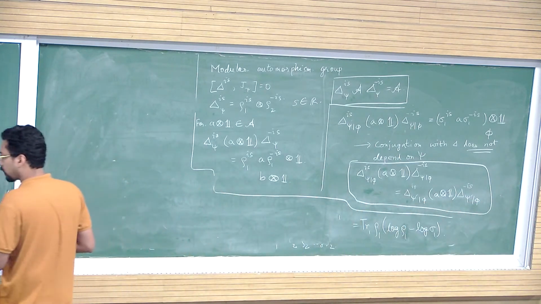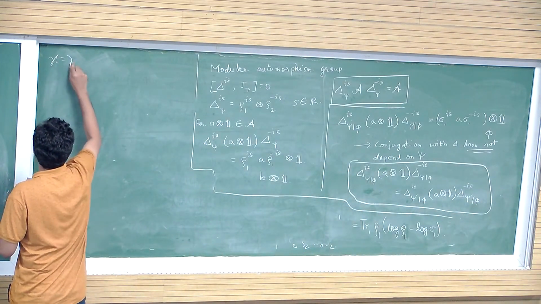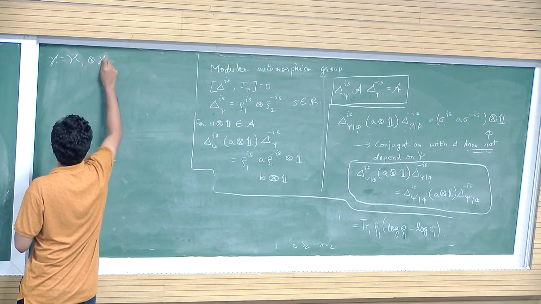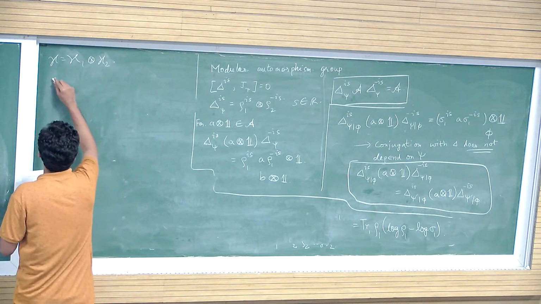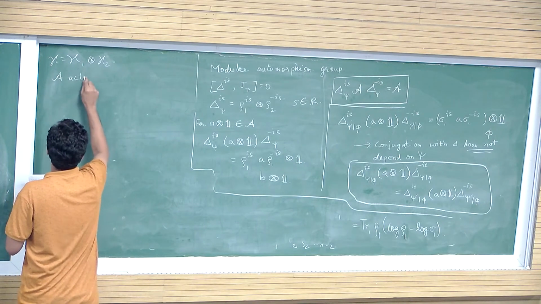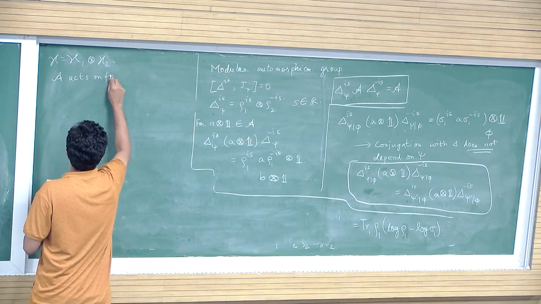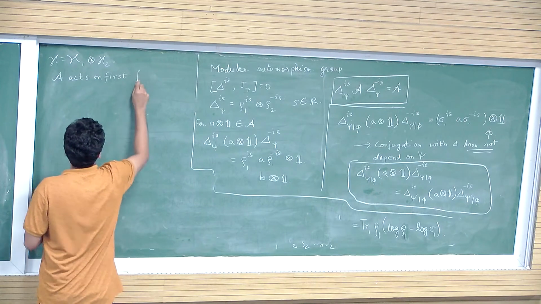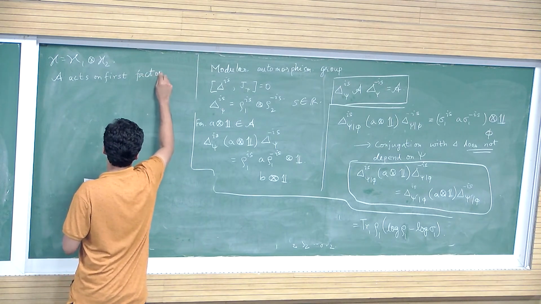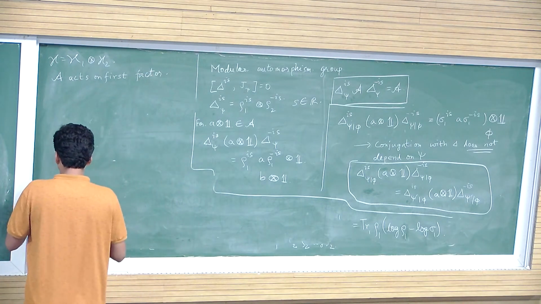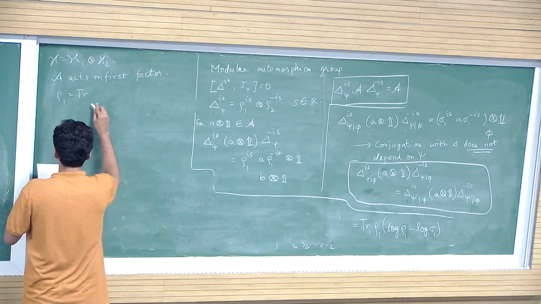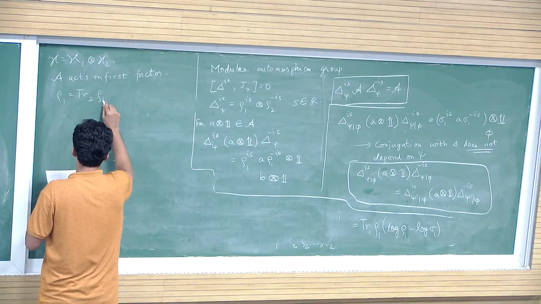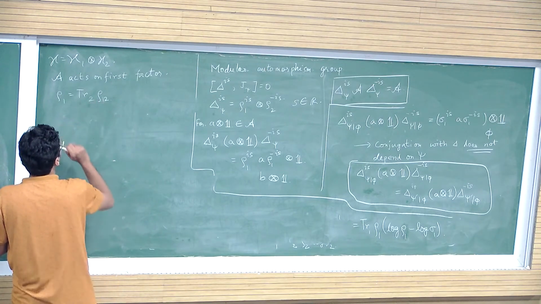Okay, so for finite dimensional cases, we had factorizability, and the algebra A acts only on the first factor. And rho 1 is defined as the reduced density matrix by taking the trace over 2.